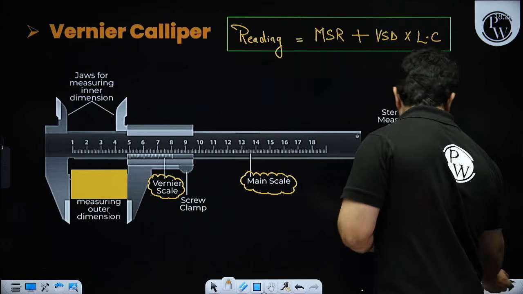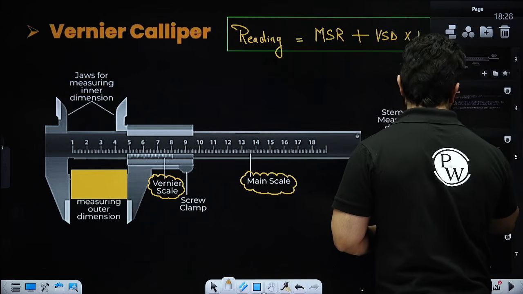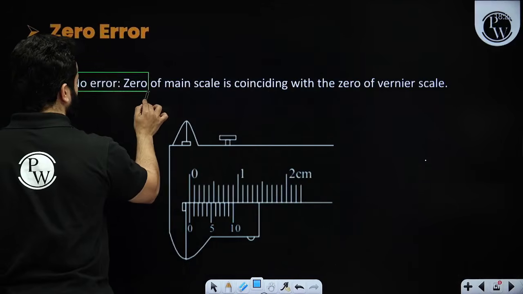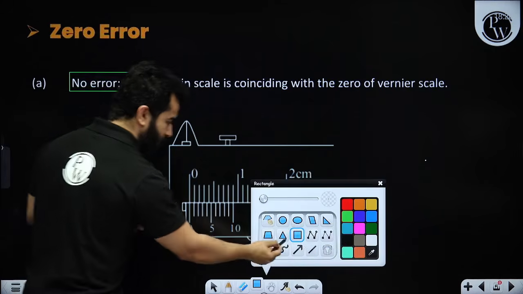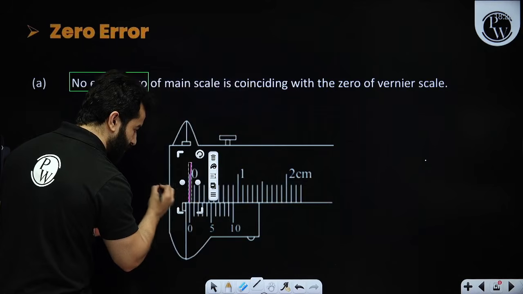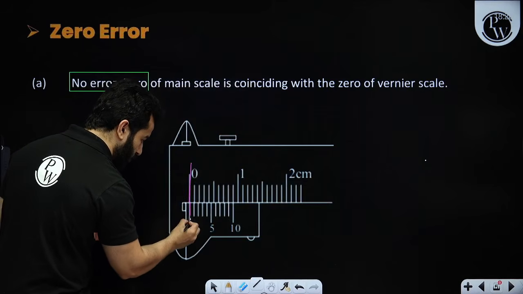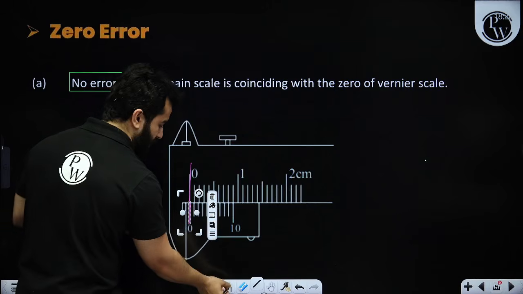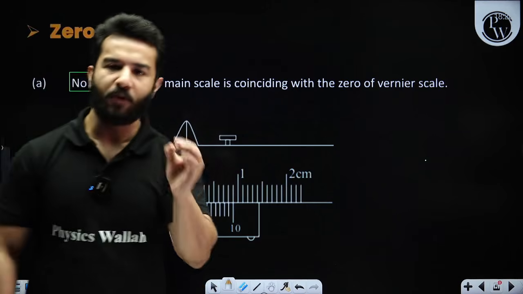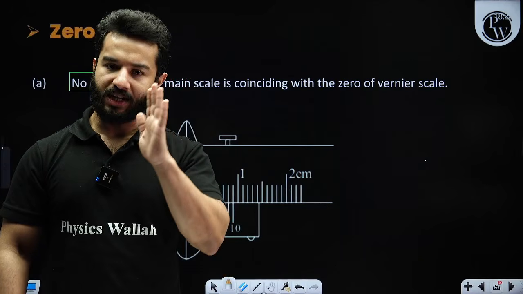And in that case, we are going to say that the Vernier caliper has no zero error. It has no zero error when the 0 of the main scale and the 0 of the Vernier scale coincide with each other, right? This is called no zero error. This is a perfectly fine Vernier caliper.